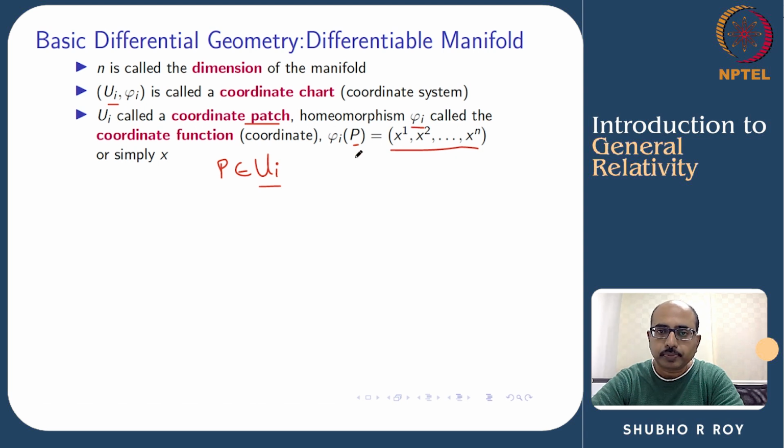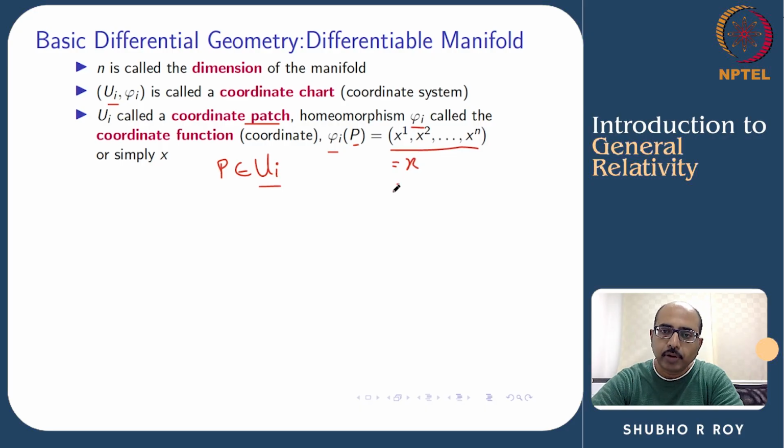Okay. So you see, this is why we call it a coordinate system, because every point, courtesy of this homeomorphism phi I, gets a coordinate, an n-tuple of real numbers. Now, instead of using this explicit list notation, I will always denote the coordinate by little x.